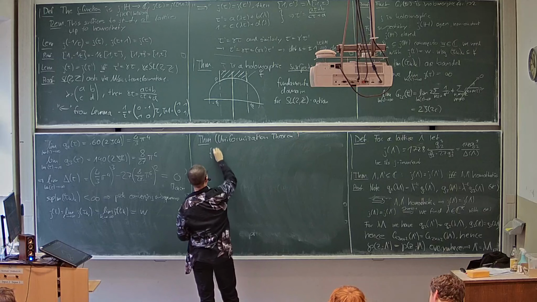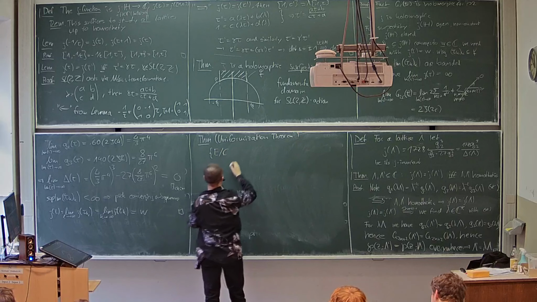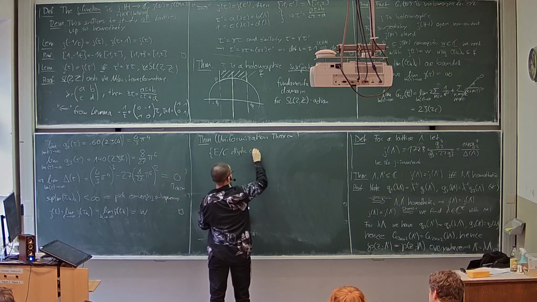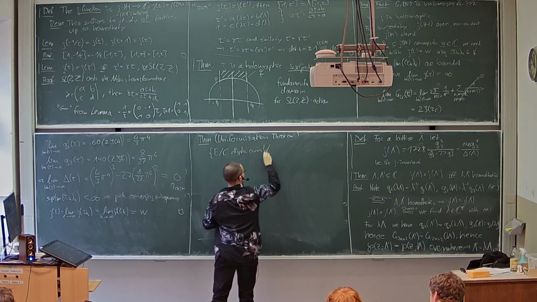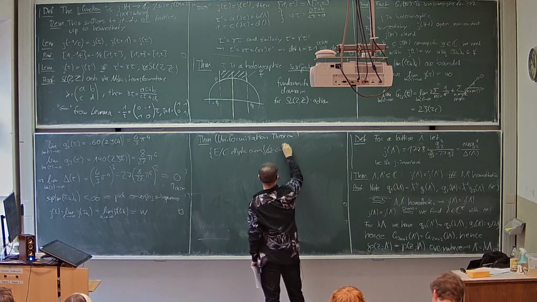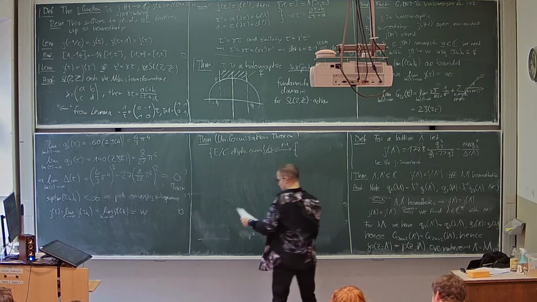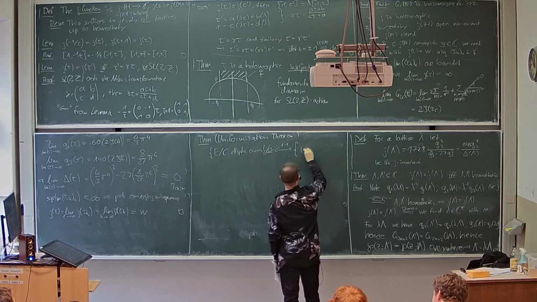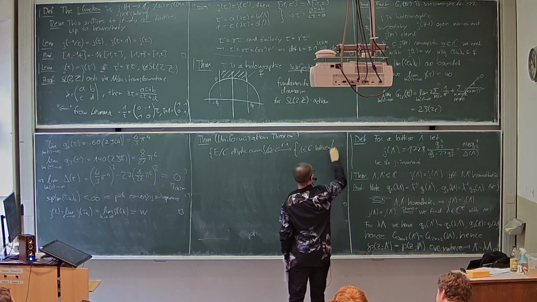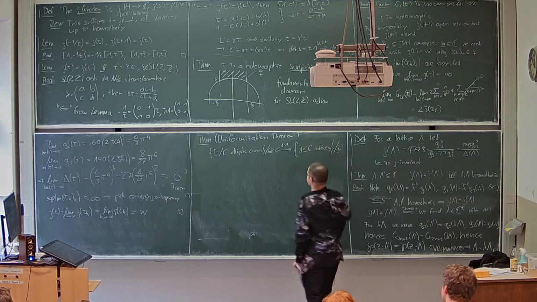We have a one-to-one correspondence between elliptic curves over C up to isomorphism and lattices up to homothety.